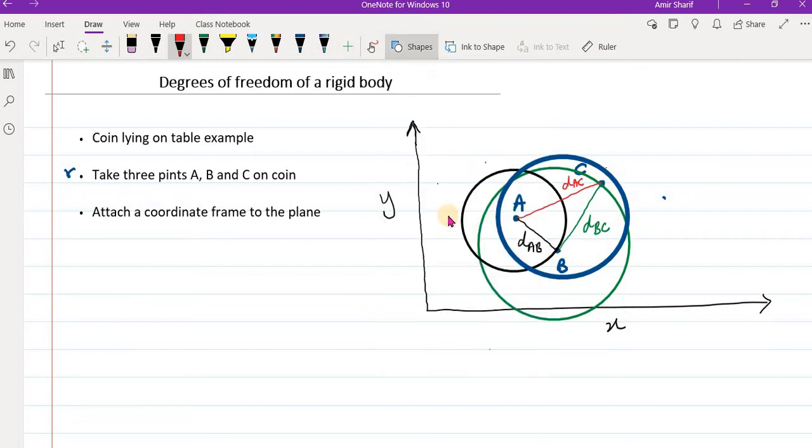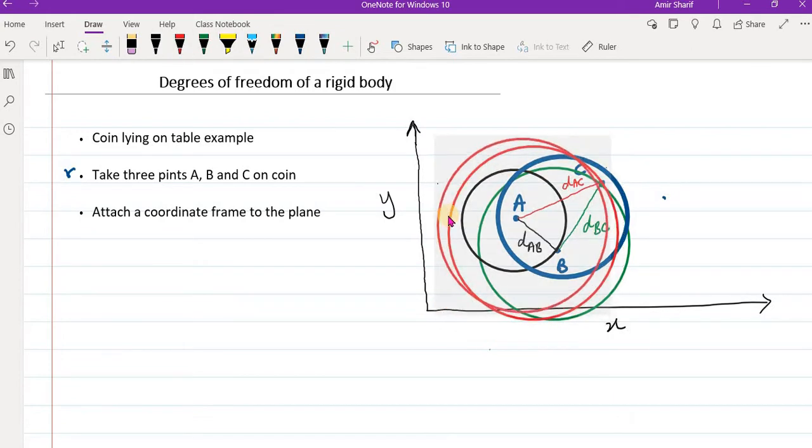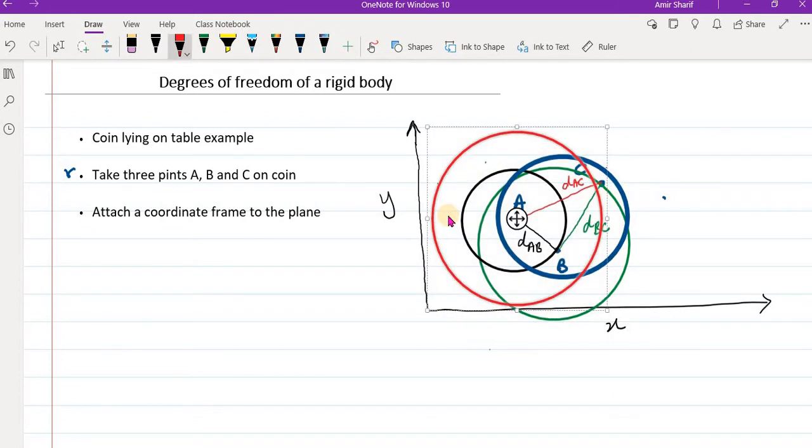So we can draw it like this. Yes, so the center should be at point A, and its radius should touch point C.